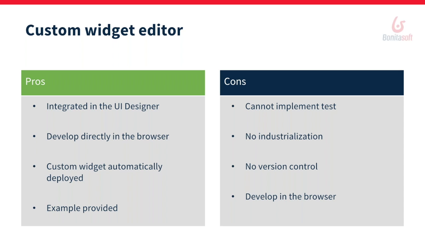With the subscription edition, we have SVN in place, so the code can be synchronized with the version control, but not with the community edition. And finally, I listed one as also a con. You develop in the browser. For some developers, it might be an issue. For other developers, it's actually an advantage. So that's why I listed it in both lists.